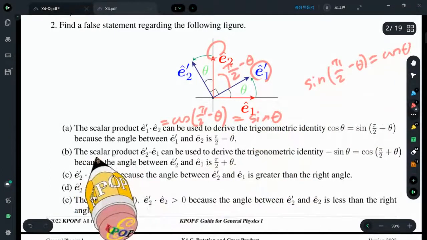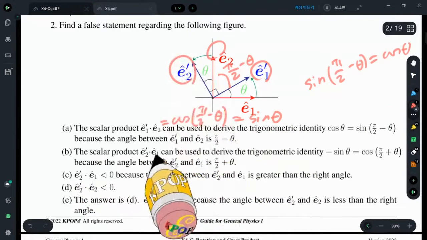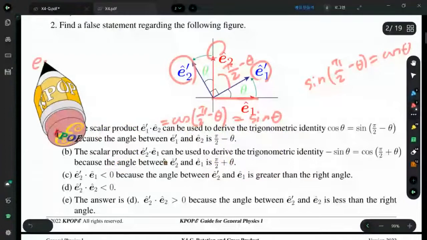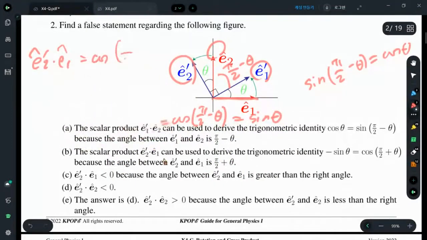That's fine. Scalar product E2 prime, E1. E2 prime is here, E1 is here. So E2 prime E1 is a cosine.